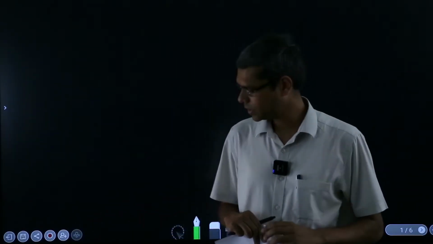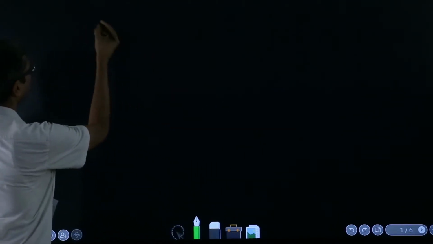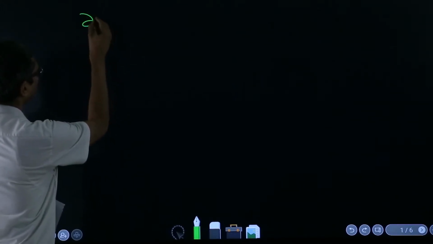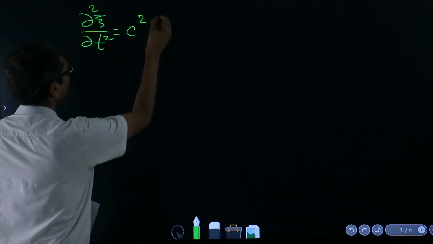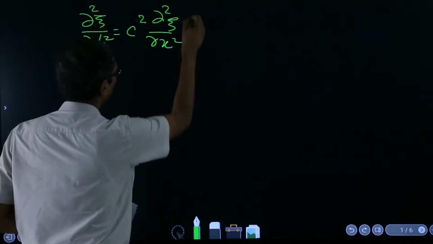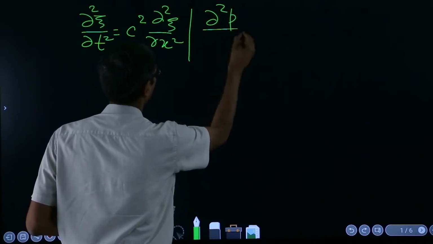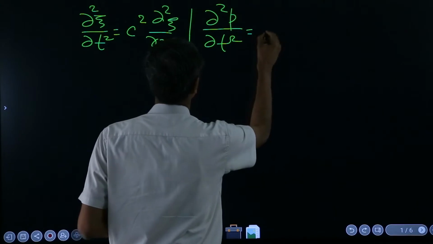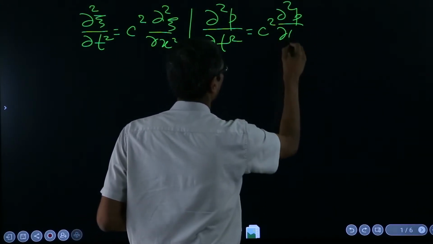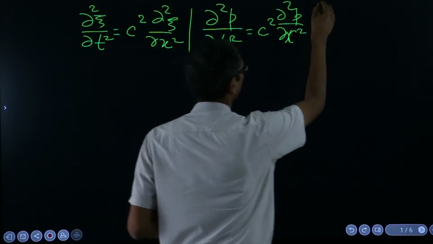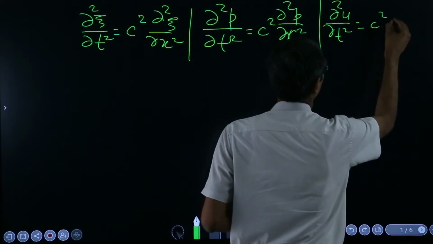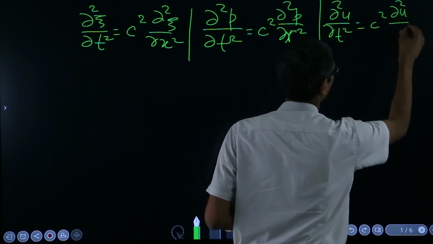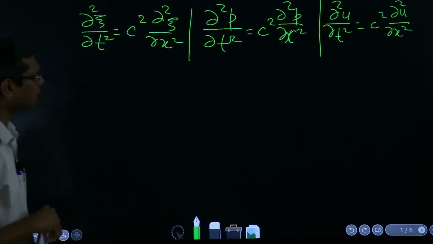So we derived the wave equation, and just to recap, whether it's the displacement psi, or the pressure, or the velocity, the wave equation was the same.